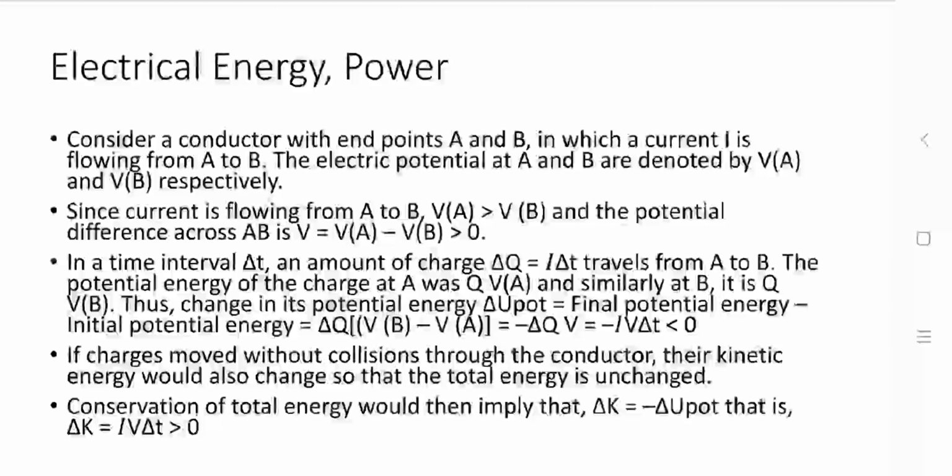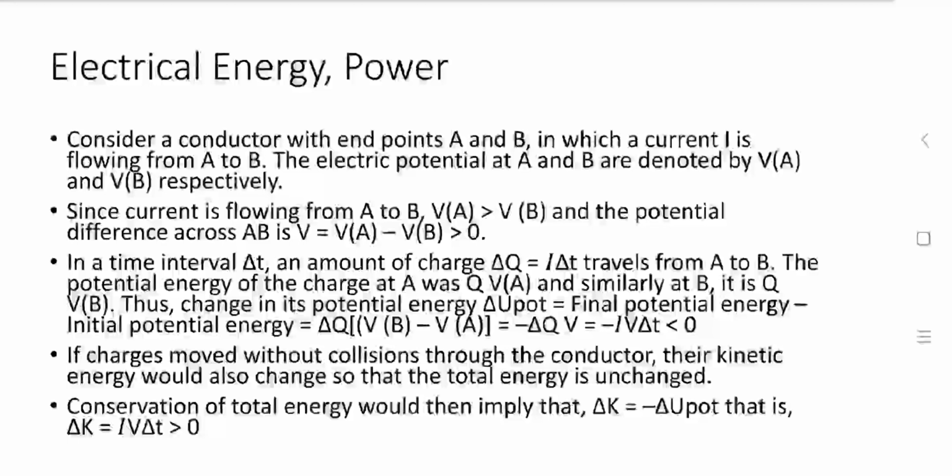But as these charge carriers are moving without collision, what will happen? They lose their potential energy and start to gain kinetic energy. They don't have other energies available right now. Collision is not there. No other force is given to them. It means whatever the potential energy is, they lose it and start to gain kinetic energy. So this is the conservation of energy.